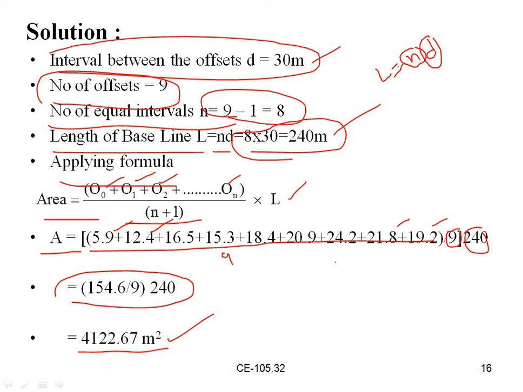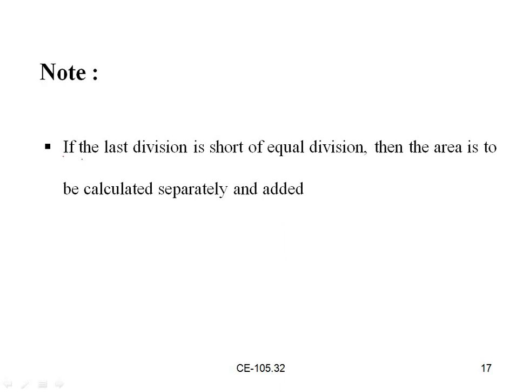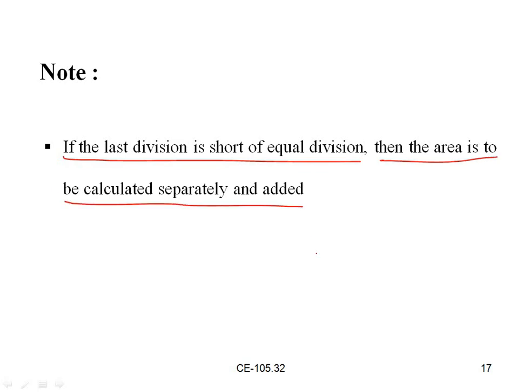But we have to take these offsets and ordinates carefully, because these common intervals should be checked compulsorily, each and every one between the offsets. If one length is changed, the area will also change. Note, if the last division is short of equal division, then the area is to be calculated separately and added.